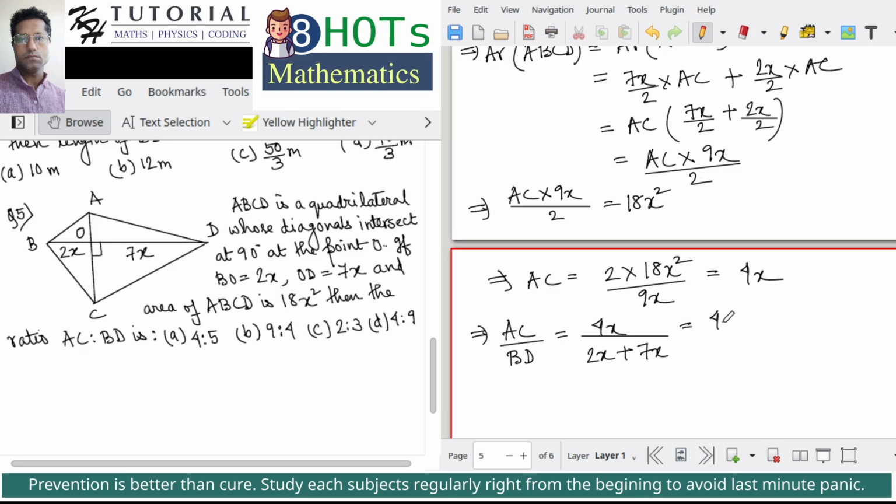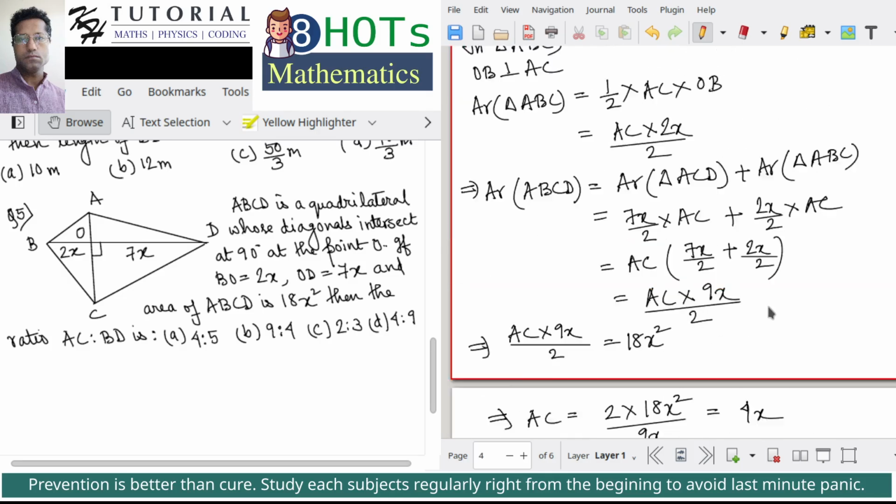So this is 4x by 9x, which is 4 by 9. So this implies that AC is to BD is equal to 4 is to 9. So the ratio should be 4 is to 9, and hence the correct choice is D.